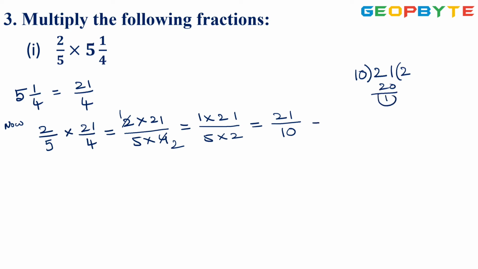So here quotient is 2 and the remainder is 1, so 1 by denominator 10. So 2 1 by 10. So the result of 2 by 5 into 5 1 by 4 is 2 1 by 10.